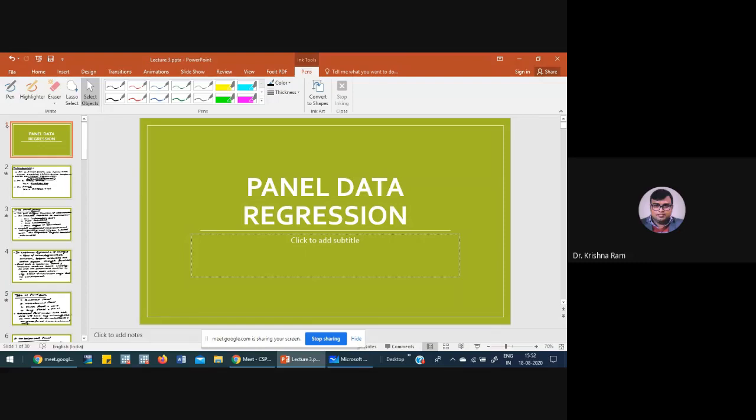And after that, we move on to the fixed effect model, and we'll discuss many more things there. So that, I think, is for the next lecture.